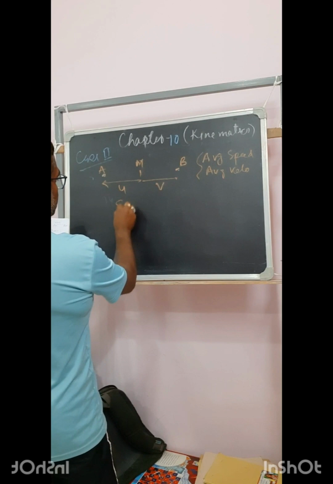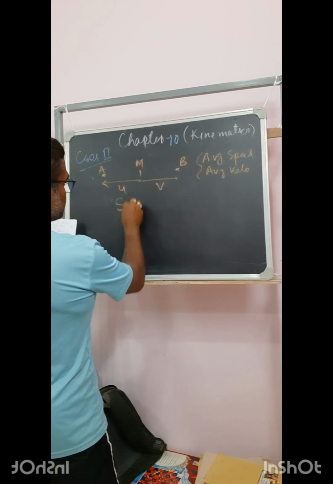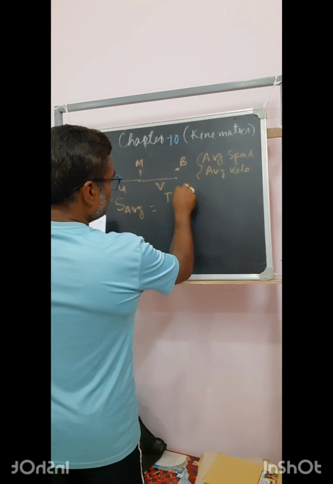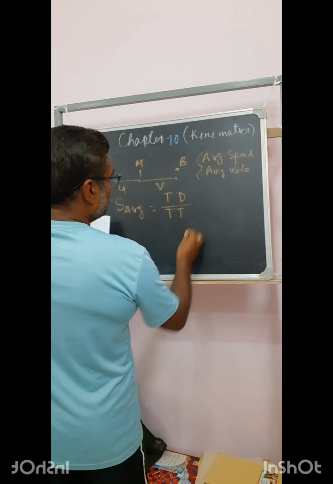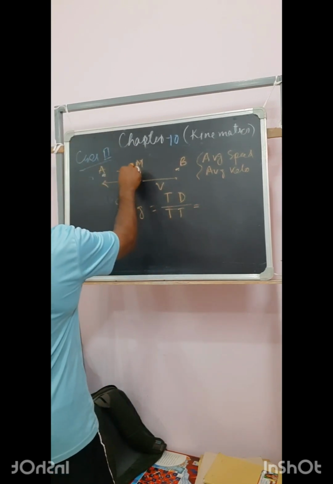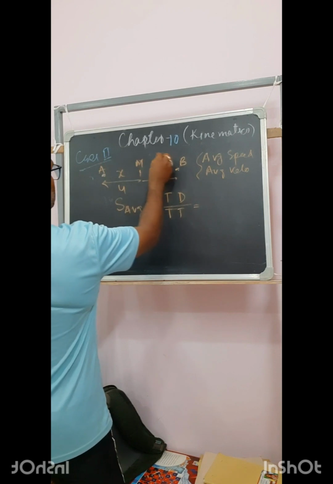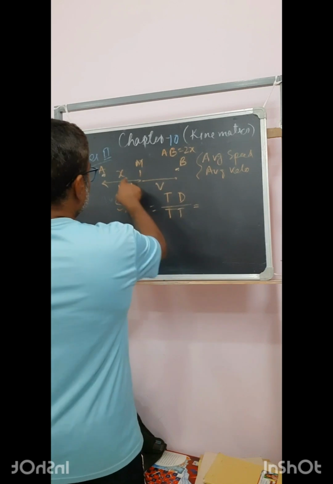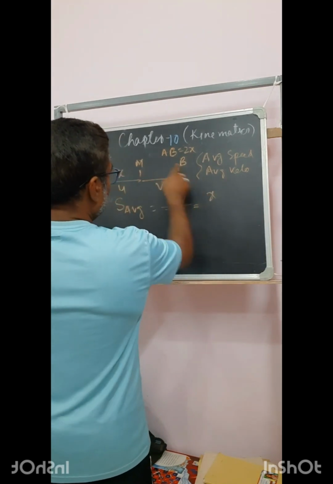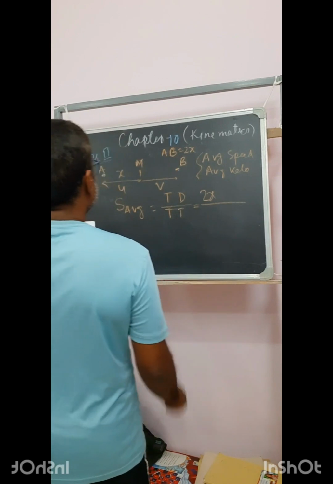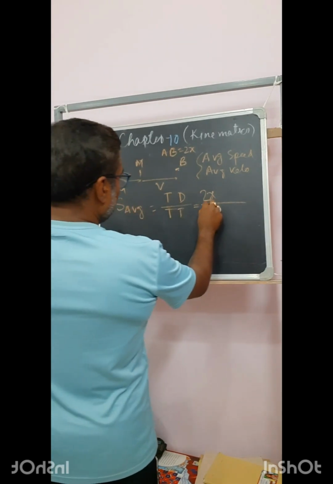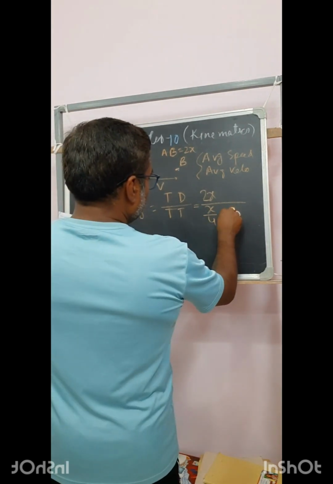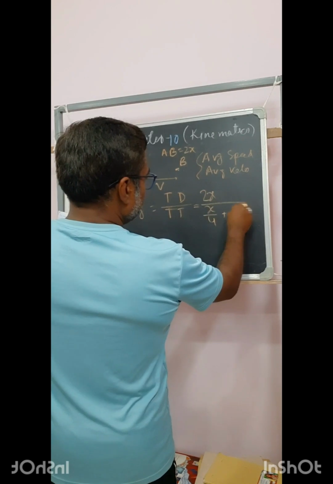Okay. So if I consider the average speed, S average, as per the formula I have to consider the total distance by total time. The total distance in this case, if I consider AB is equal to 2x, it will be easy for me to calculate. So the half of the case means x. The total is 2x, and the time for the first half will be the distance upon the velocity, and for the second half the same distance upon the velocity.